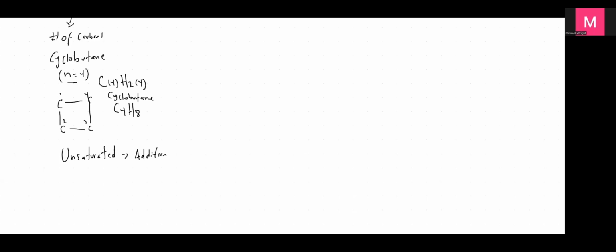Here you can find some examples like the cycloalkanes, and other ones that are going to be cycloalkenes. When I say alkanes, I mean single bond, simple bond. When I say alkenes, I mean double bond. And cyclo because they are cyclic.